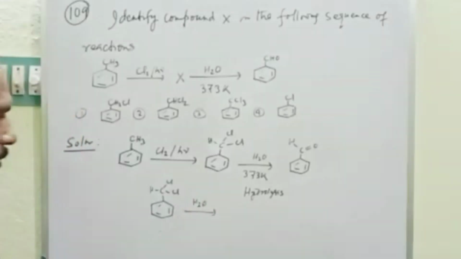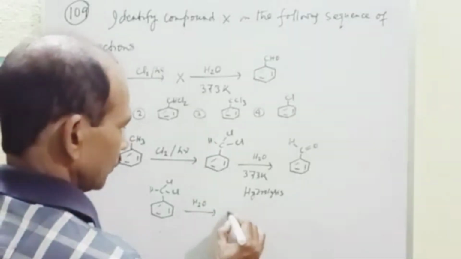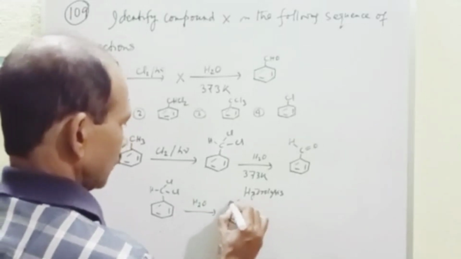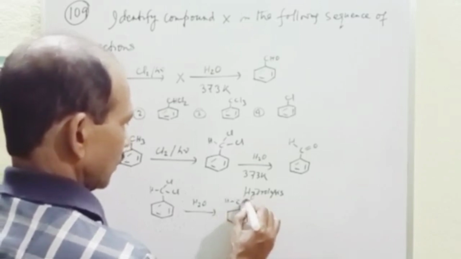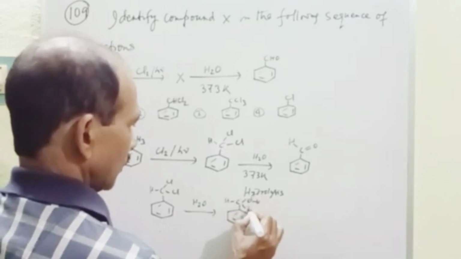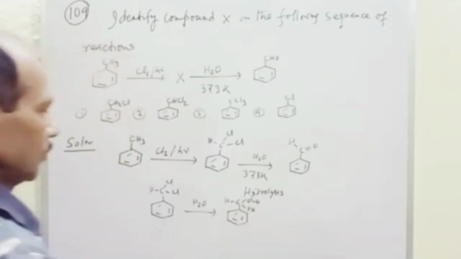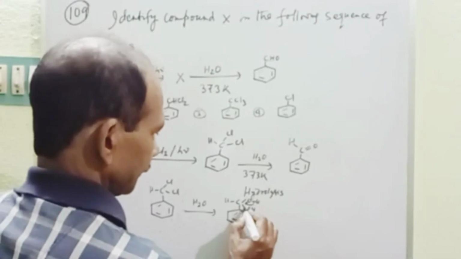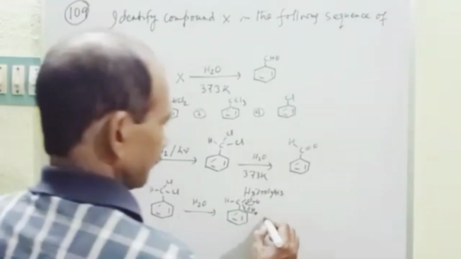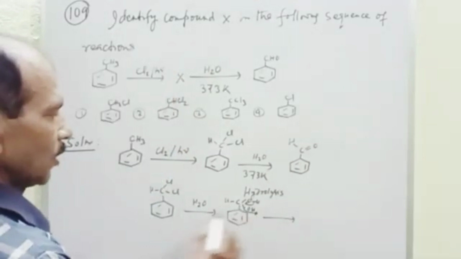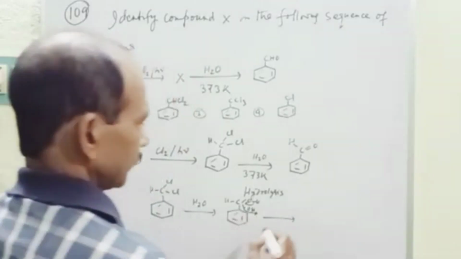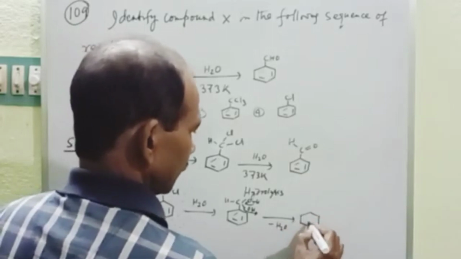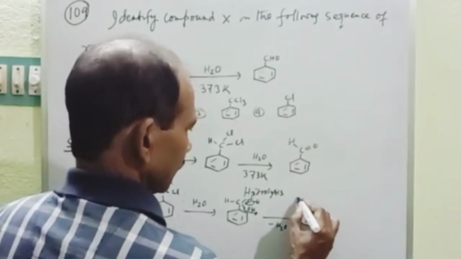Benzyl chloride when reacts with H2O, the intermediate compound is formed. One water molecule is eliminated from here. This gives rise to the product benzaldehyde.